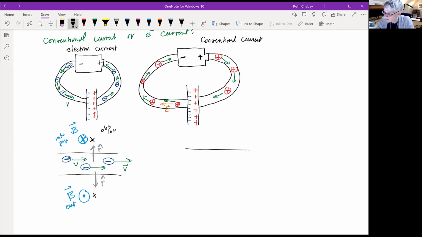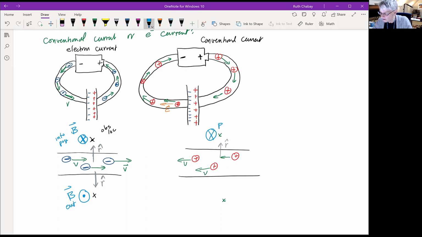What would we predict for conventional current? Well, conventional current, we've got positive charge, these imaginary positive charges, and they are moving to the left. And so let's figure out what we'd predict in the same locations for magnetic field. So in the first location up here, we've got r hat. So we have v cross r hat is into the page, and these are positive charges, so we don't have to do anything.